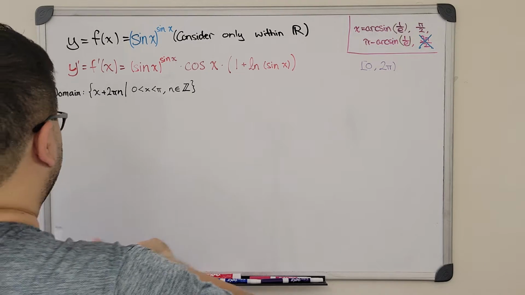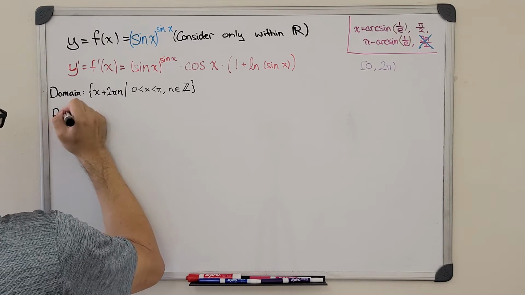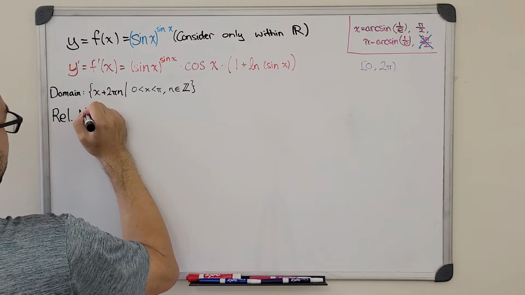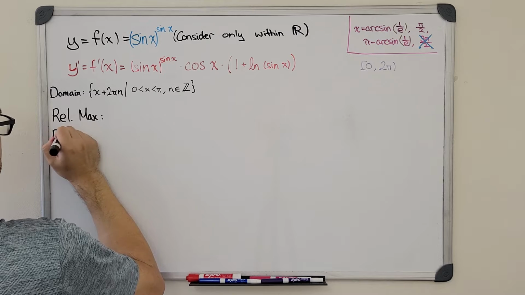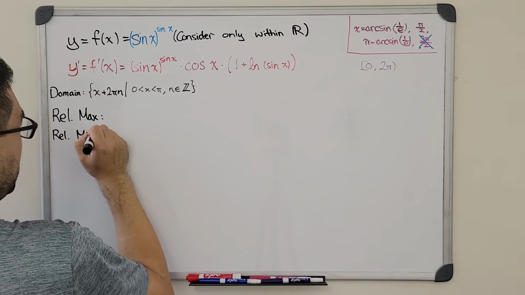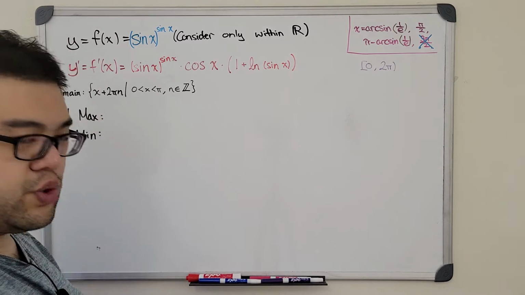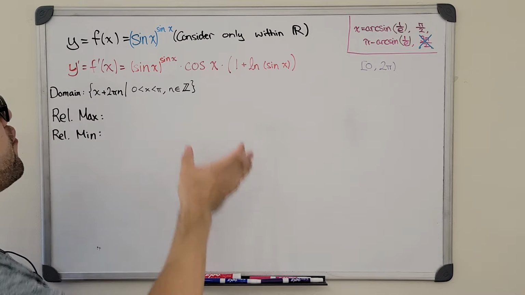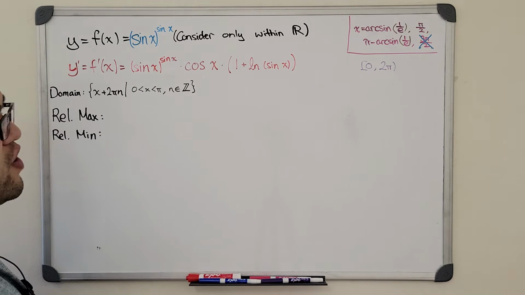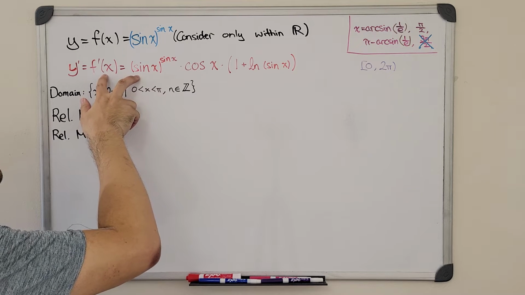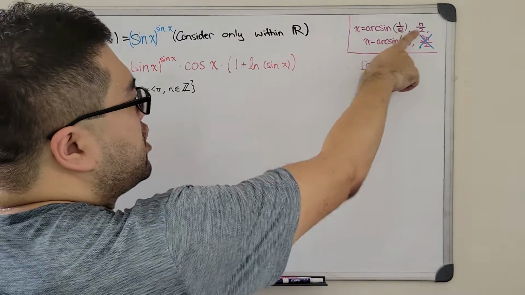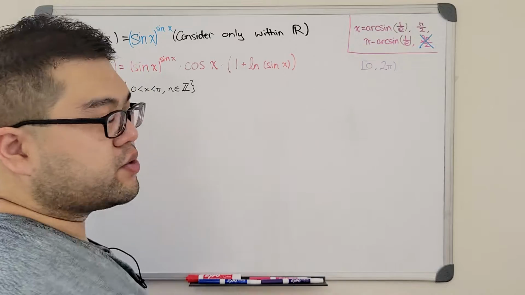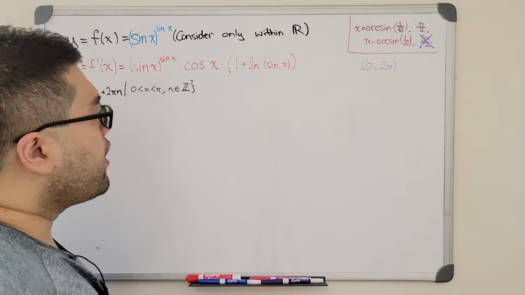So here we go. Next question. Relative maximum and relative minimum. We're going to do both of them at the same time. And again, how are we going to do it? There are 2 ways of doing it. One way is, of course, to take the second derivative of the function so that we are going to see what sign we get for the second derivative at each of the points we chose.